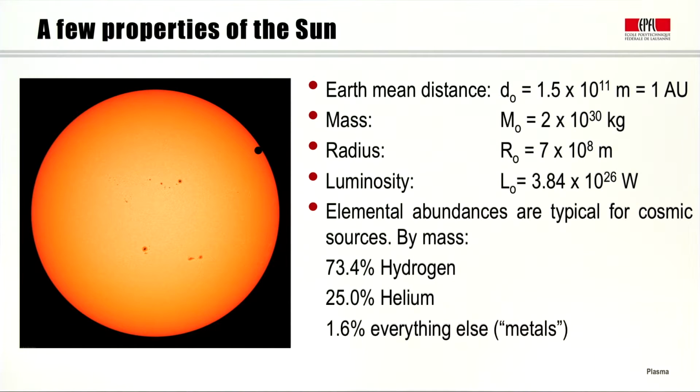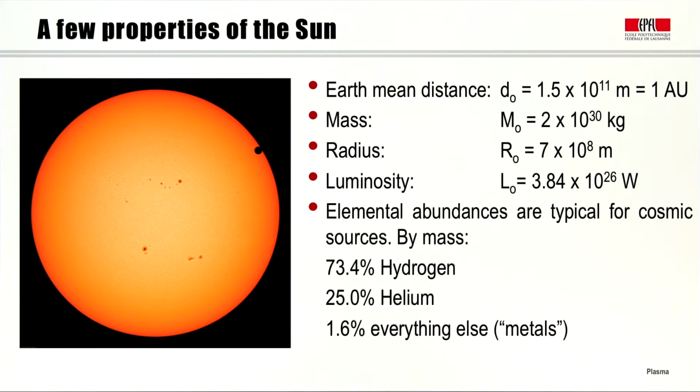The diameter of the Sun is a little bit more than half a degree as we see it from Earth. Note that the shape of the Sun is extremely sharply defined because almost all the light we receive on Earth originates in a thin layer, a few hundred kilometers thick, the photosphere.